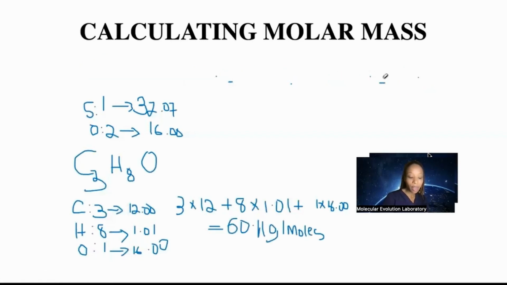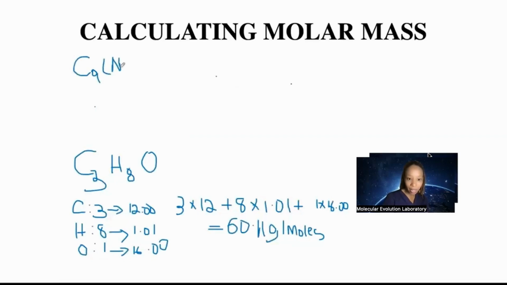All right, let's try another one, calcium nitrate, Ca(NO3)2. So we have parentheses, NO3, times 2. So you'll have to find the atomic mass of calcium, which is 40.08. We have 1 calcium, 2 nitrogen, and 3 times 2, which is 6 oxygen.